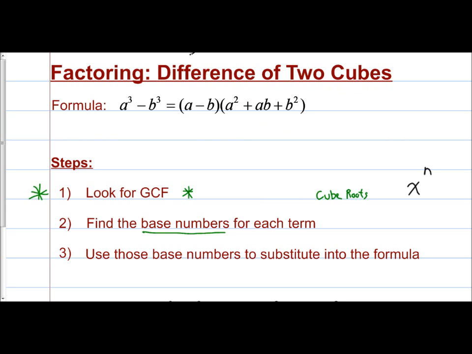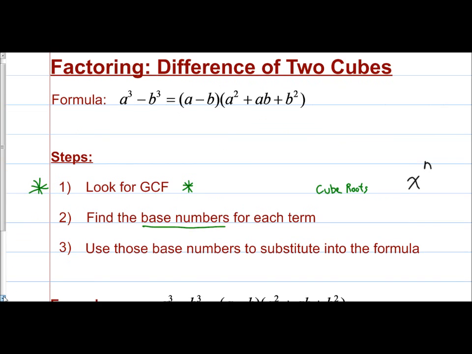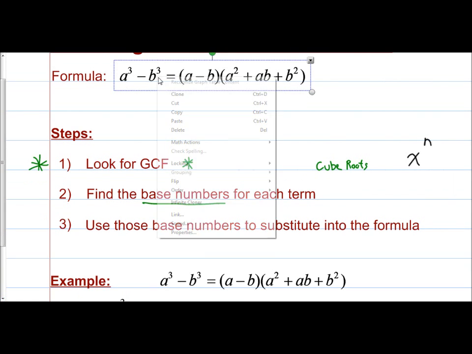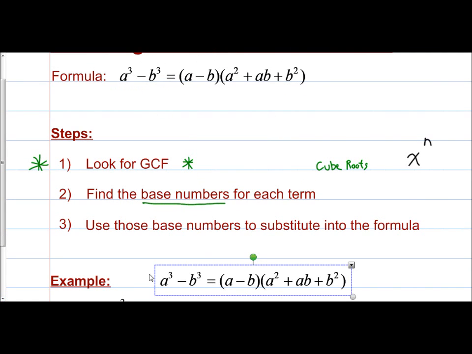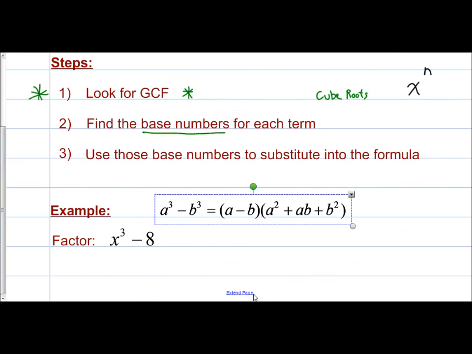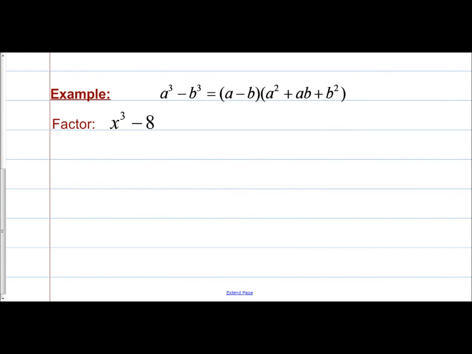So let's try a little walkthrough example. I'm going to grab the formula, it's already down here. I have x cubed minus 8. Is there a GCF between the two terms? There's not. So now I'm going to find my cube roots. The cube root of x cubed is x, and the cube root of 8 is 2. So x is my a, and 2 is my b.